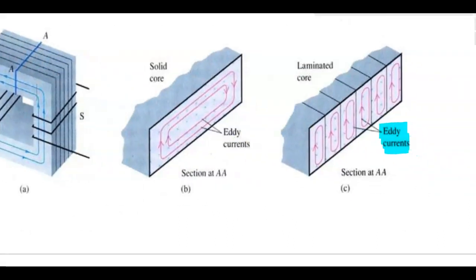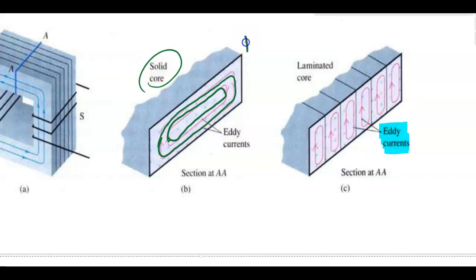If we didn't bother about that, you'd get these massive, great eddy currents if it was a solid core, and you'd get a lot of current. And even though it's made of copper and you've reduced your resistance, the amount of current in the eddy currents is significant, and you lose a lot of energy due to heat.